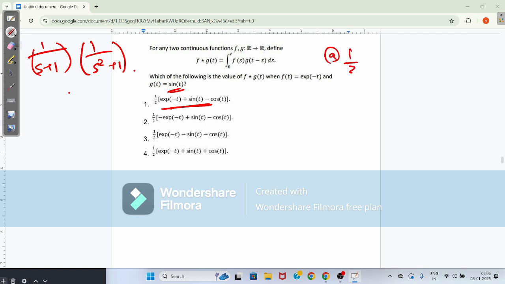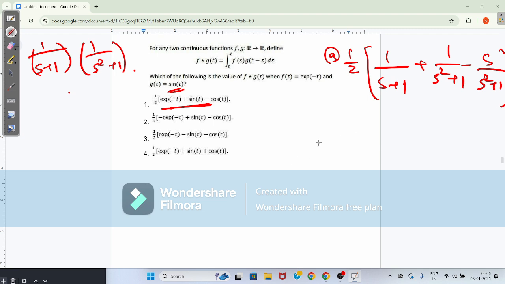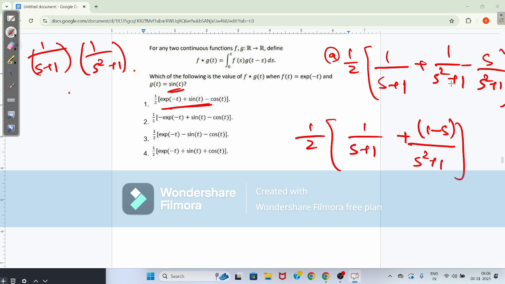Option A, 1 by 2 into 1 by s plus 1 plus 1 by s square plus 1 for sine, minus s by s square plus 1. Now 1 by 2 into, take the LCM, what will we get? 1 by s plus 1 plus 1 minus s by s square plus 1 here.